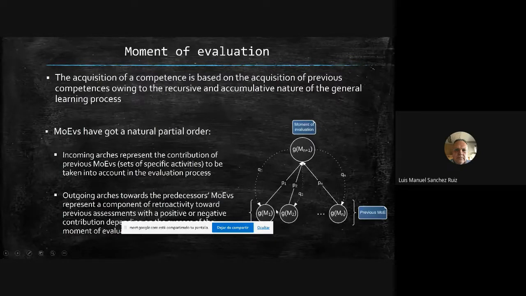So when a student performs well in previous activities, it is more likely that he or she will do better later. So we should take advantage of all these previous moments of assessment. And if here things go better than here, it means that all these activities have had a positive impact, and that the student has improved.